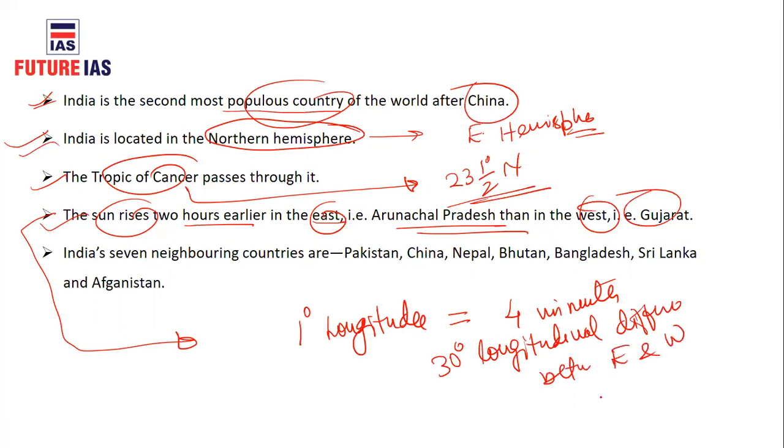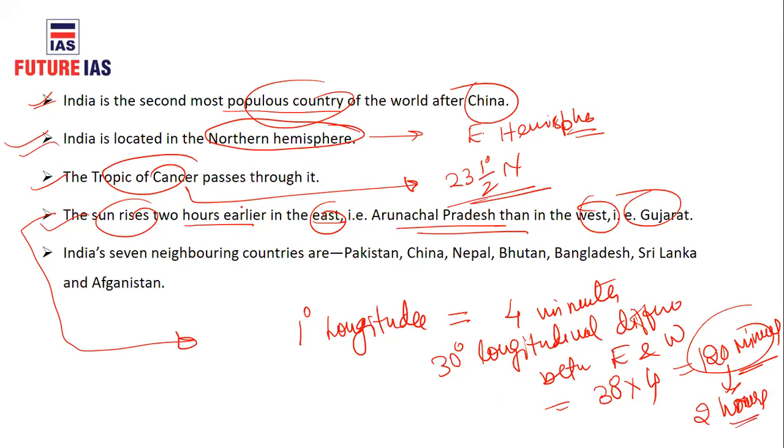That means 30 multiplied by 4, so you will have a 120 minutes difference. 120 minutes means 2 hours. 2 hours means the sun will rise in Arunachal Pradesh 2 hours earlier than the Gujarat region.